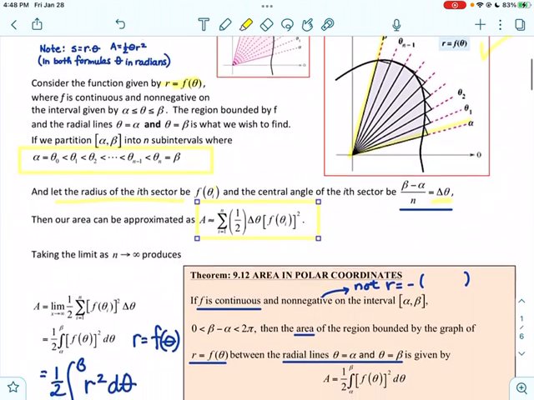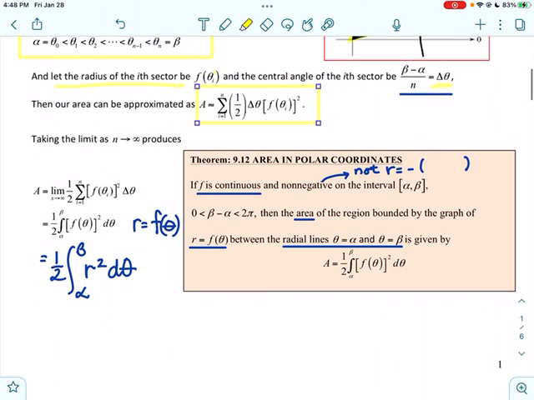Then you have this formula where A is equal to the limit, and that's equal to 1/2 the integral from alpha to beta of f of theta squared d theta, where r is equal to f of theta. So we have 1/2 the integral from alpha to beta of r squared d theta.